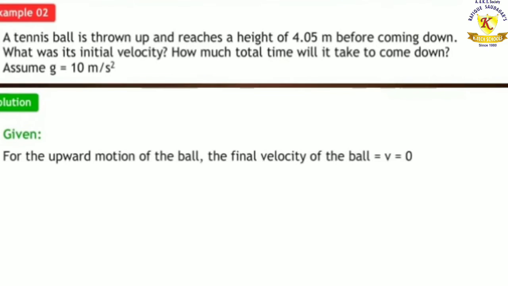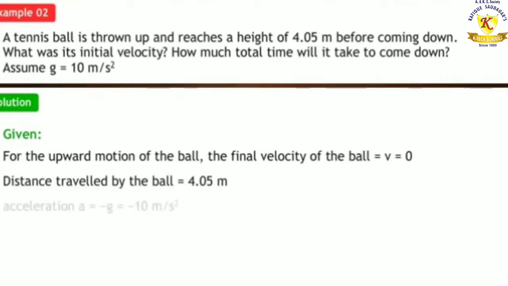Given, for the upward motion of the ball, the final velocity of the ball is v equals 0. Distance travelled by the ball is 4.05 meter. Acceleration a equals minus g equals minus 10 meter per second square.